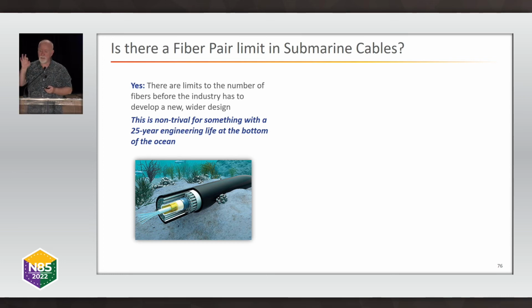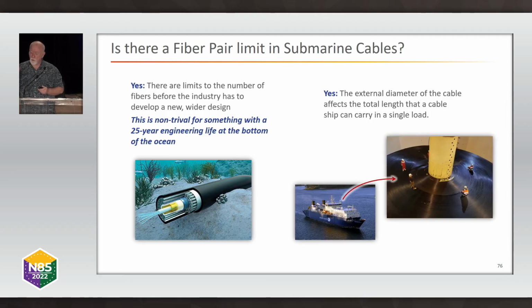The cable designs themselves have been certified in similar ways to satellite technology or space technologies. They are very, very highly certified. There's only a certain number of fiber pairs you can fit into those tried and tested cable designs. Once you go beyond that, you need to start developing those designs, and that's non-trivial. That's going to take a lot of testing.